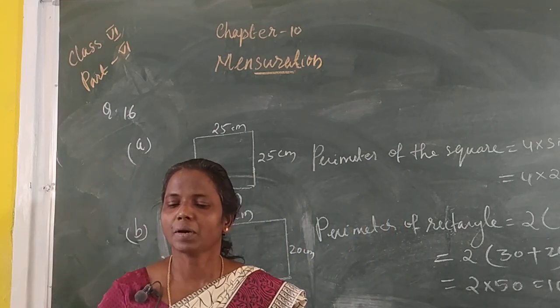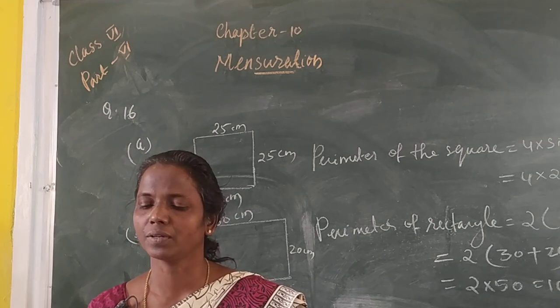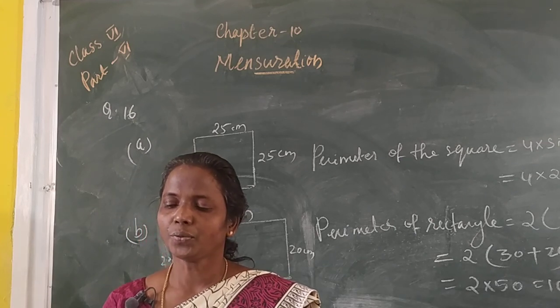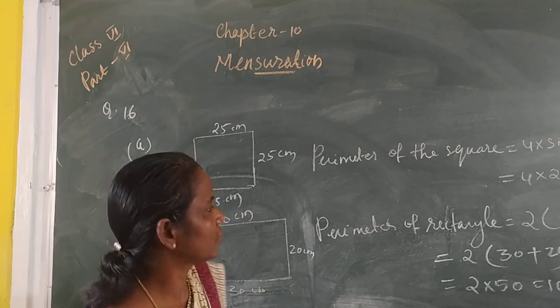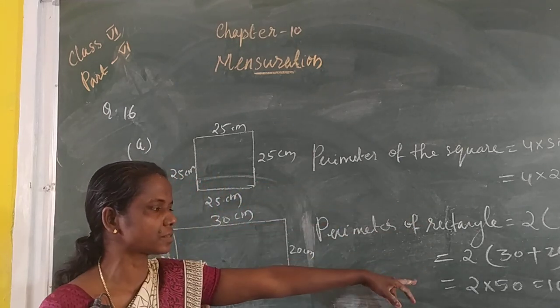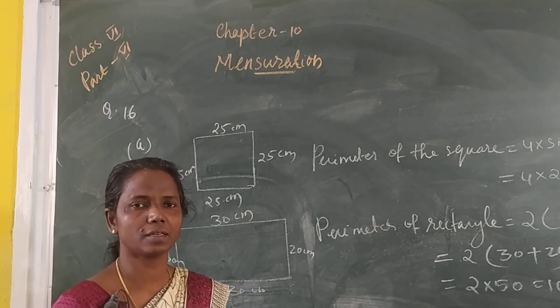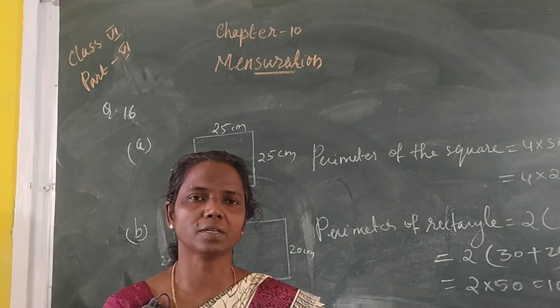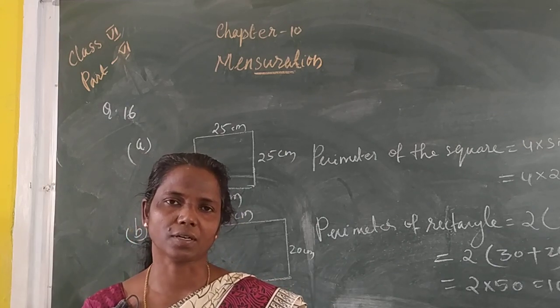Then B and D also you find out, and look, what do you infer from the answer? Look here, 100 centimeters, this also 100 centimeters. It means here the measures are different but the perimeters are equal.